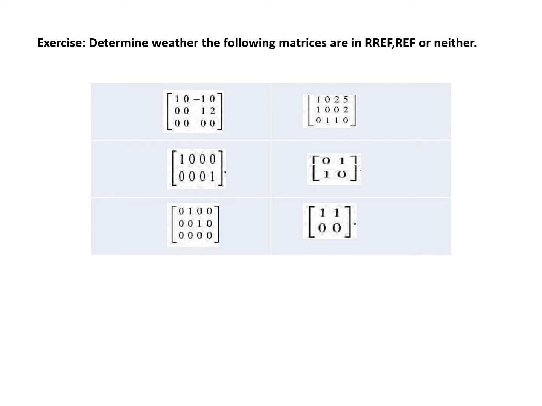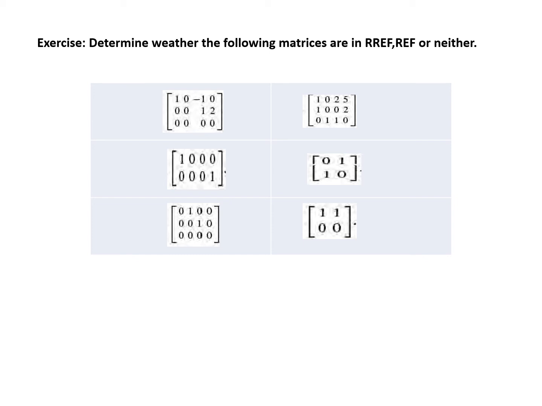And below the leading one all elements are 0, or above the leading one are 0. So here, in the first row, second column, the leading one is 1, and below it all elements are 0. On the second row, the leading one is in the third column, right? So above and below it all elements are 0 except the leading one, and the third row is entirely 0.